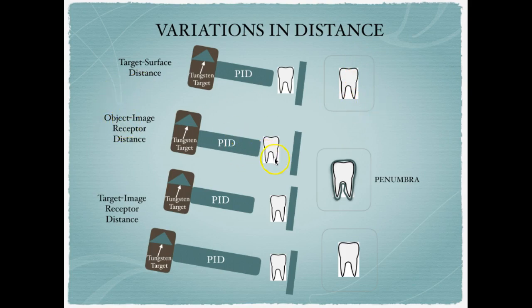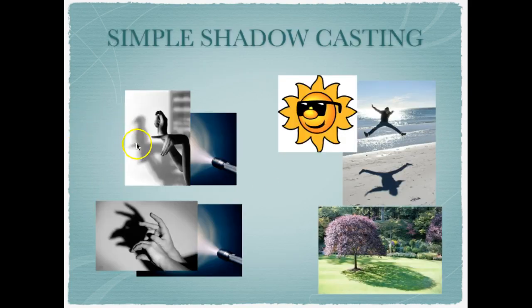If the object, being the tooth, is far away from the image receptor, even if the PID is close to the face, you may get what's called a penumbra, or a blurry outline or a fuzziness to the image, just as we saw in the shadow puppet, where it's a little fuzzy.